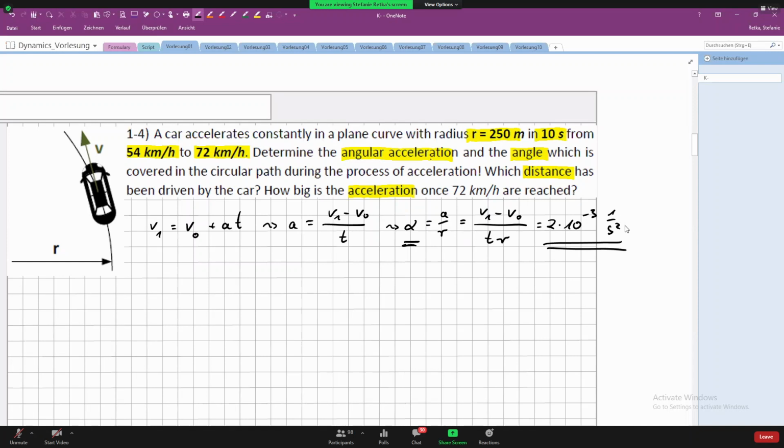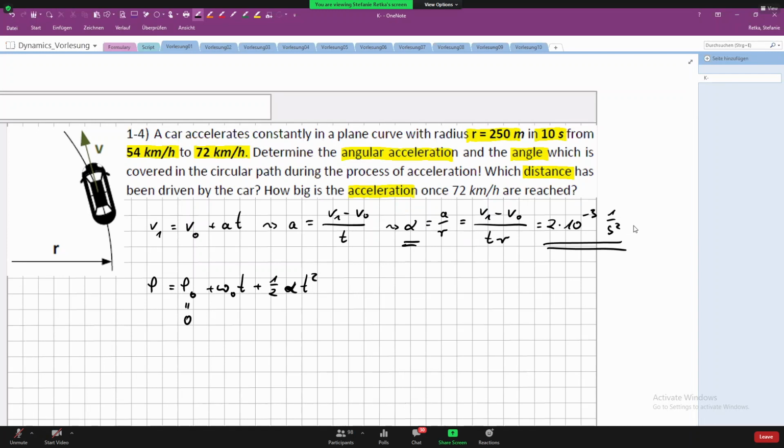For alpha being constant, we can state the equation for the angle: phi is equal to phi 0 plus omega 0 times t plus 1/2 alpha t square. The initial angle is 0. We are not interested in the initial angle since we have to measure the angle during this 10-second time interval, so from starting position to end position.